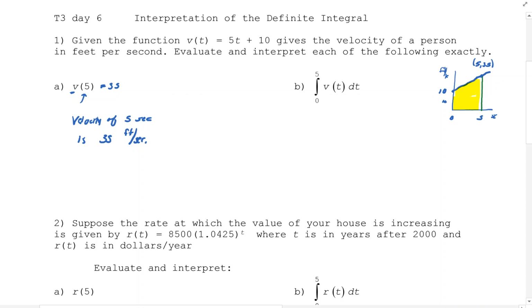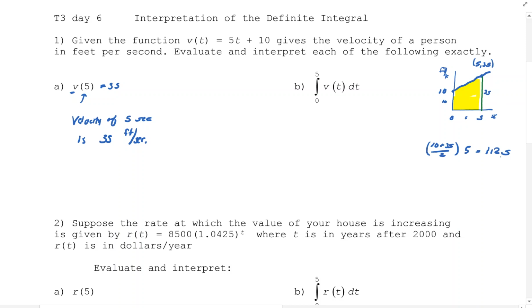This side is a length of 10. This side is a length of 35, which I'll average, 10 plus 35 over 2, and then multiply by this height, which is 5, and I come out with a value of 112.5.